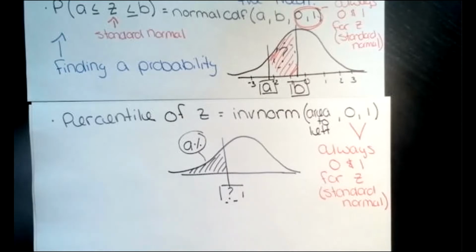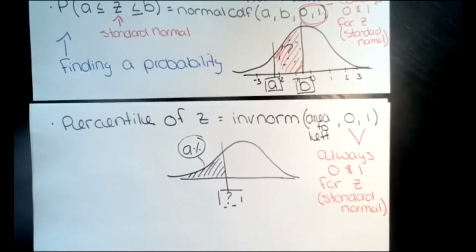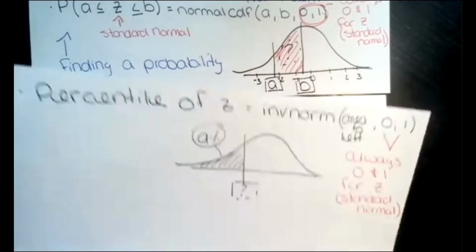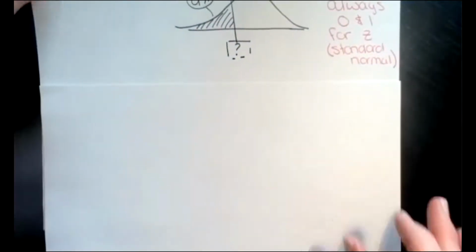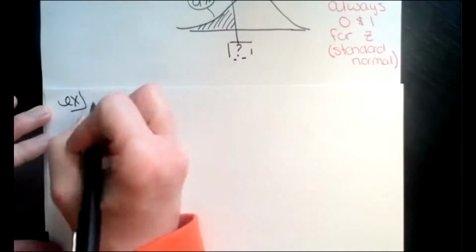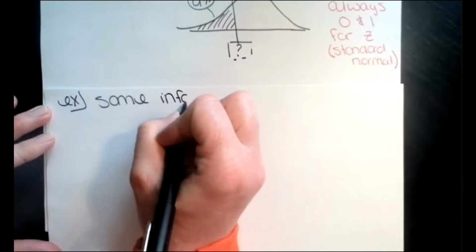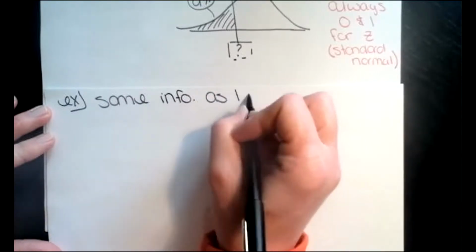So let's take a look at the standard normal curve, and I'm going to apply it to the same example as we looked at last class. So think about last class, we had the student heights from my Stat 1 last semester. So let me just say same info as last class.